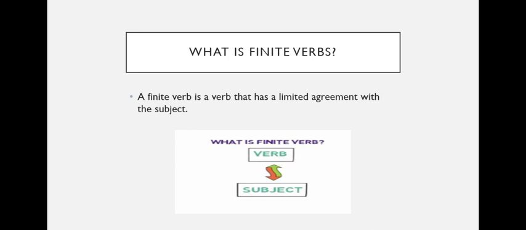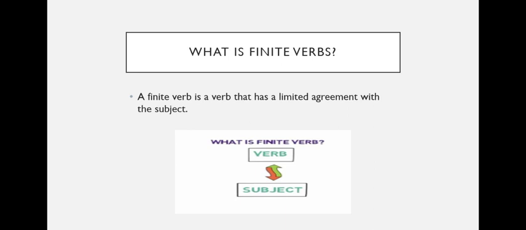What is a finite verb? A finite verb is a verb that has a limited agreement with the subject, which means the verb agrees with the subject.